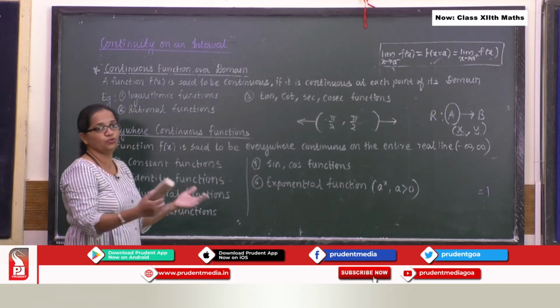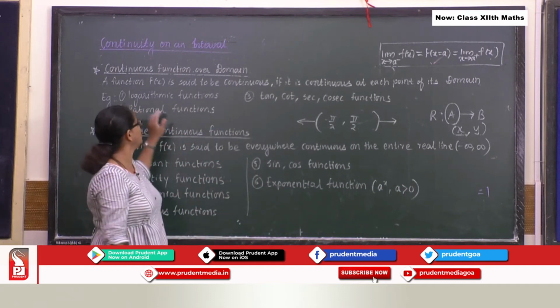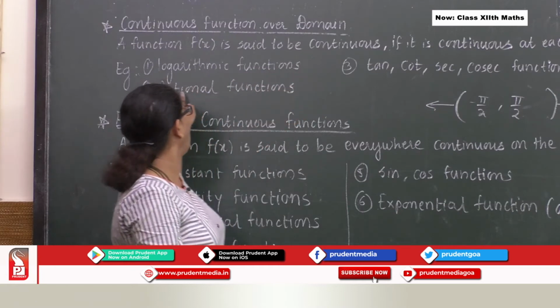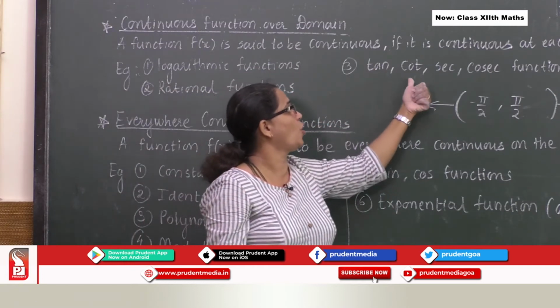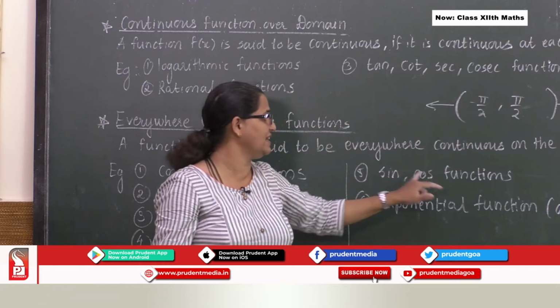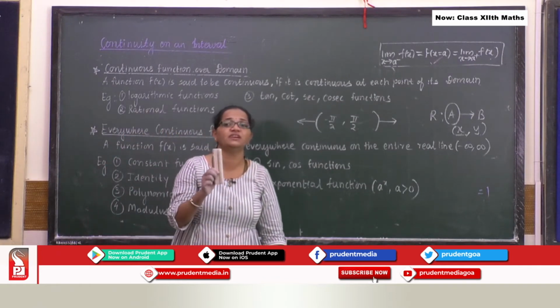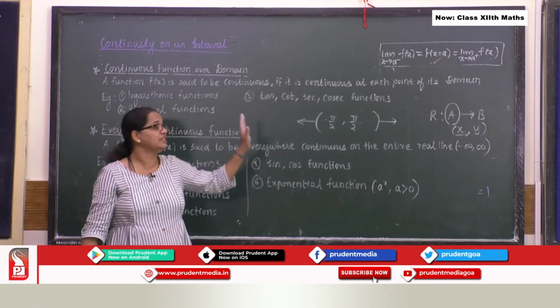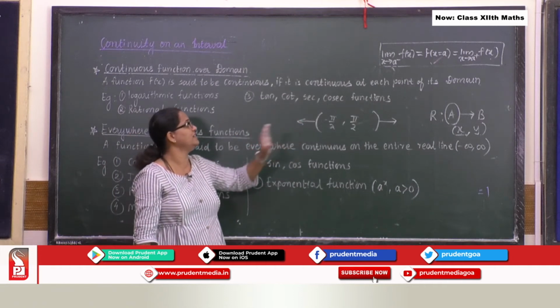Over here there are different examples. Logarithmic functions, you must have studied what logarithmic functions are. Then we have rational functions, then tan, cot, sec, cosec, and not sine and cos. Why? You must have studied the graphs in inverse trigonometric functions. When you look at the graphs, you will understand.